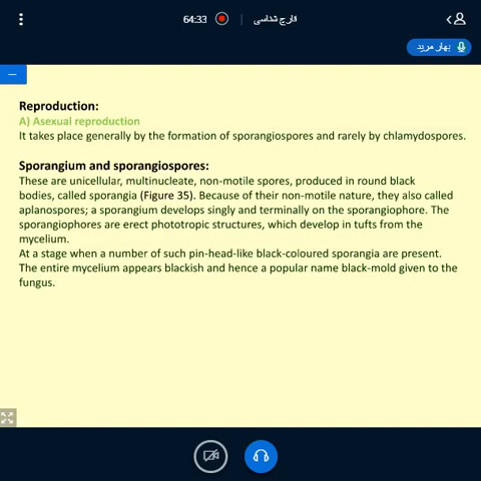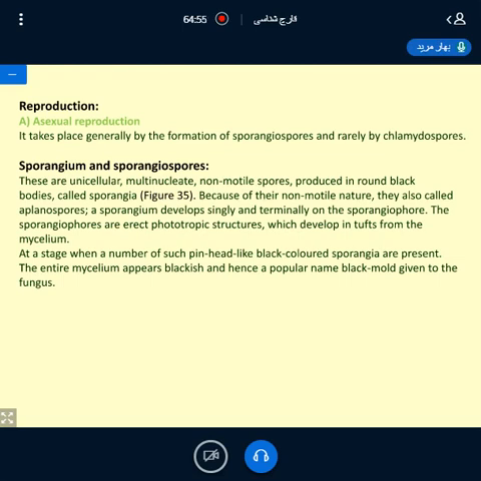Reproduction in Rhizopus. Asexual reproduction takes place generally by the formation of sporangiospores and rarely by chlamydospores. Sporangium and sporangiophores.